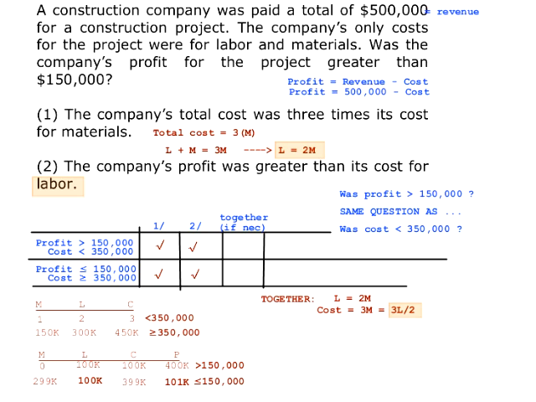So the profit is greater than the cost of labor. That means 500,000 minus cost is greater than labor.